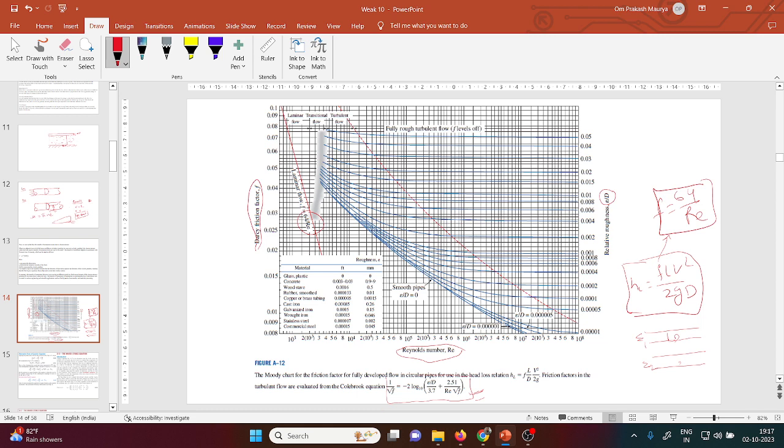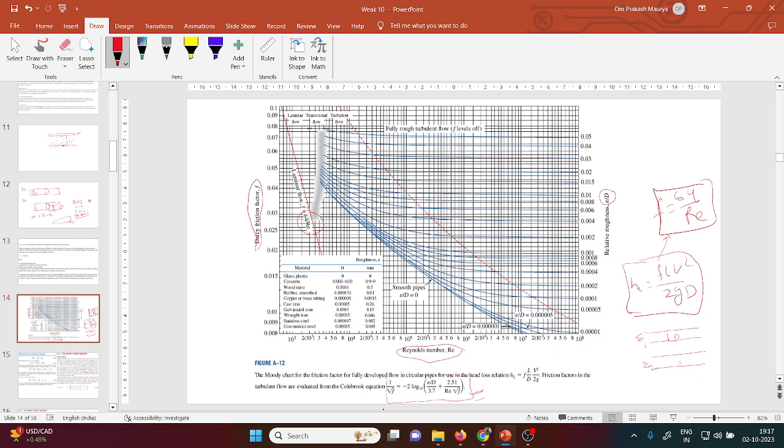Lots of experiments were there. The Moody diagram itself has its own history, I will discuss it some day, no problem. But the concept here is that if you look at this red dotted line, after this red dotted line the graph is very straight.